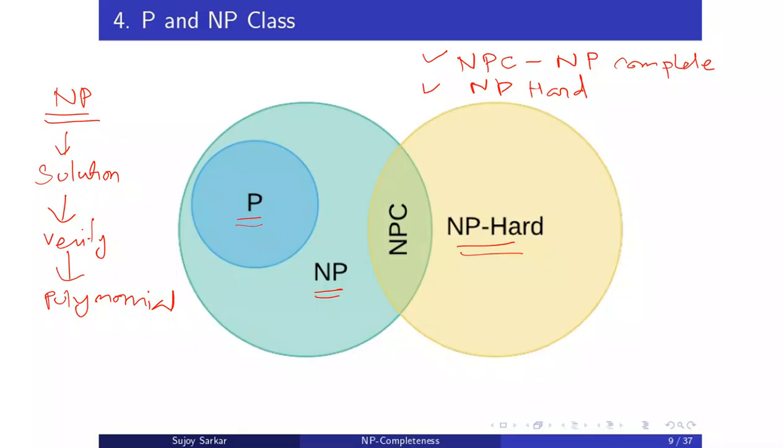So all such problems will come under NP. Now we can see P is a subset of NP. So in P, those problems will come for which we have an efficient algorithm or polynomial time algorithm.